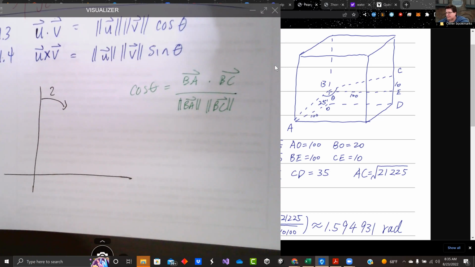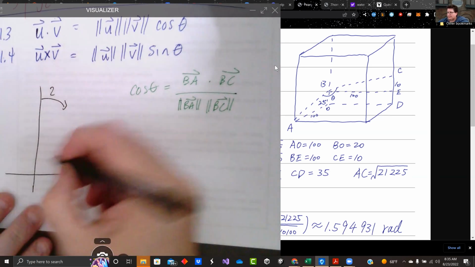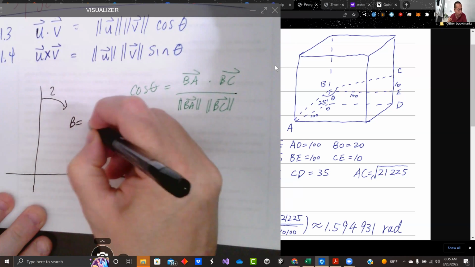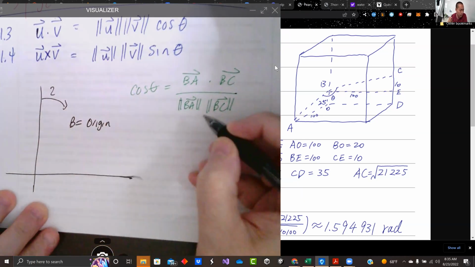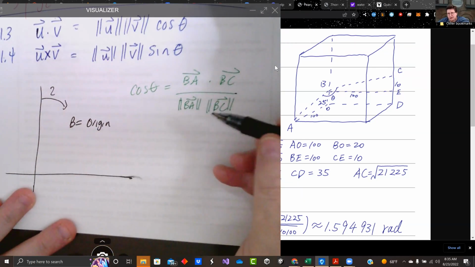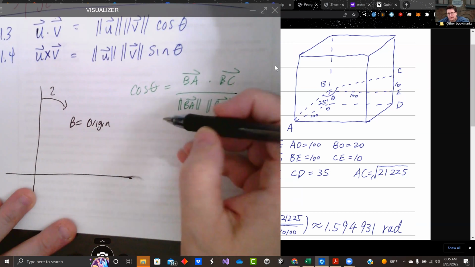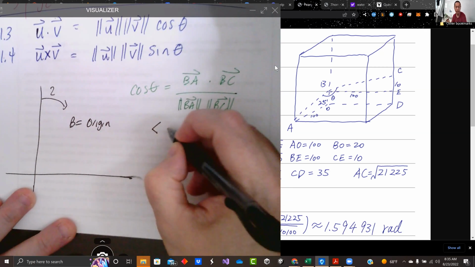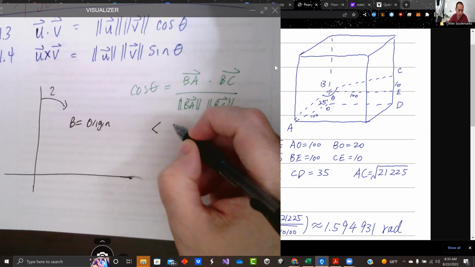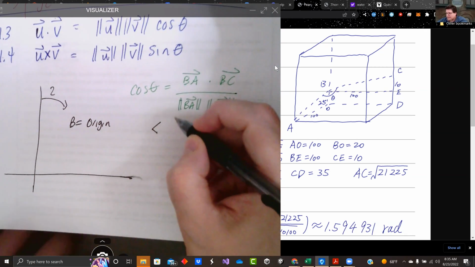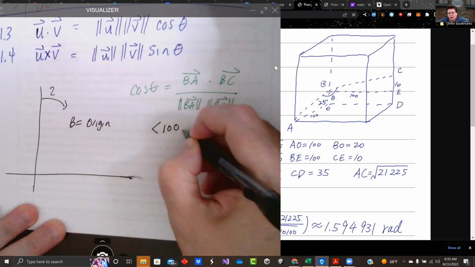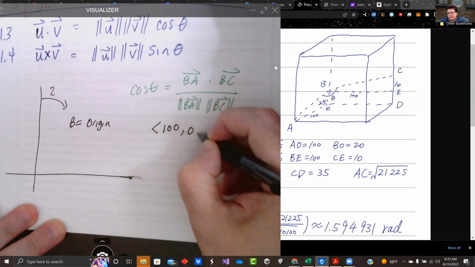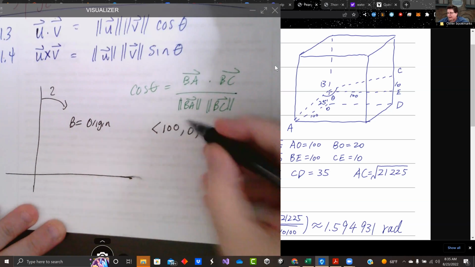Let's treat B as the center, the origin. So BA is going in the X direction: X is 100, Y is 0, Z is going down 25.